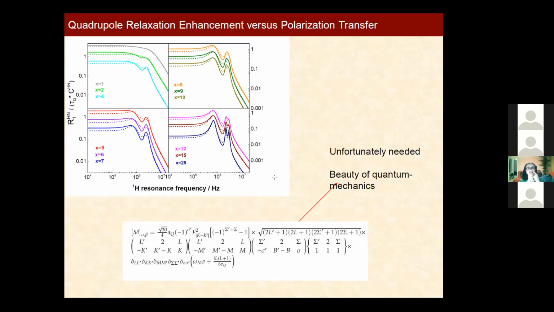You see, there's in fact no difference between zero-field splitting for electrons and quadrupole coupling for nuclei.